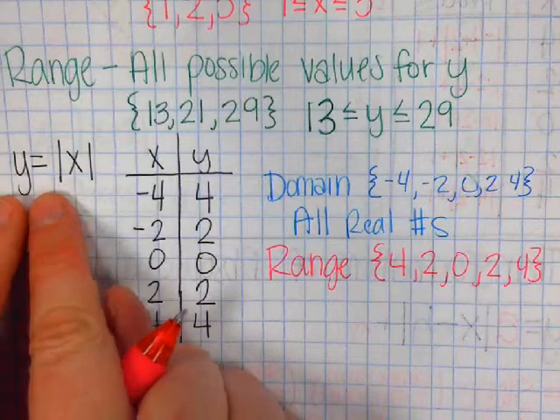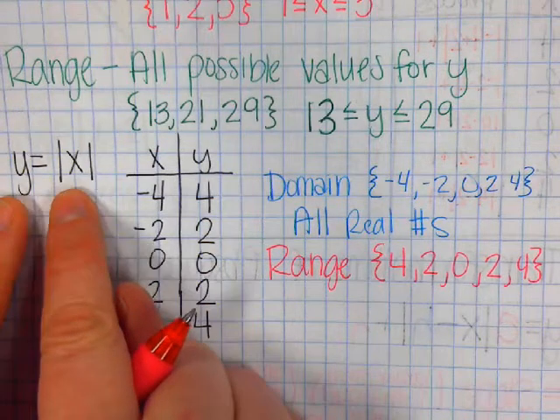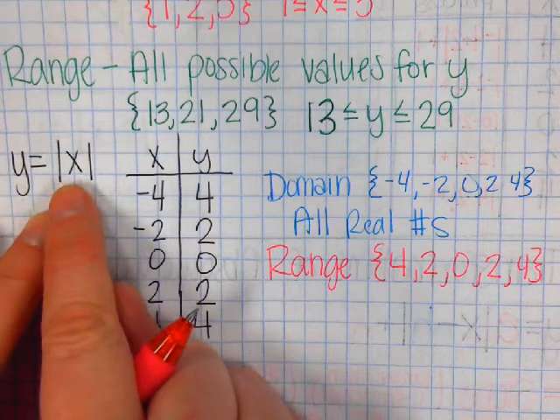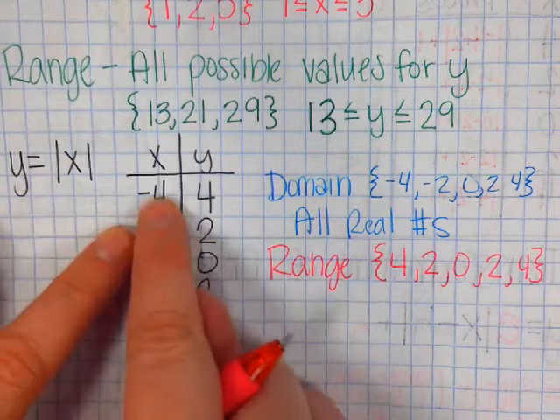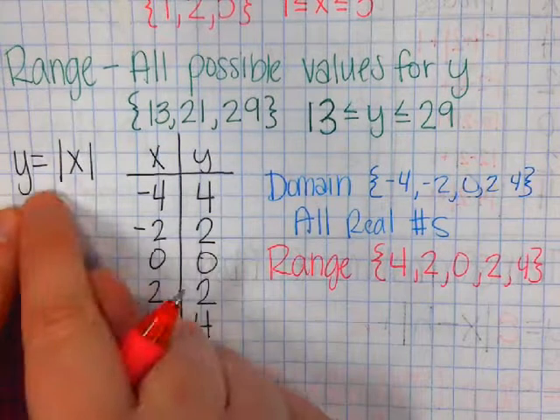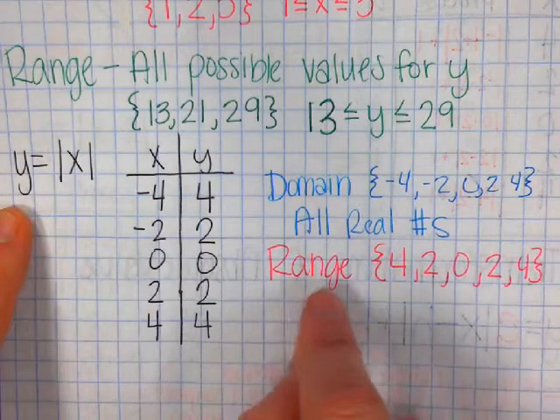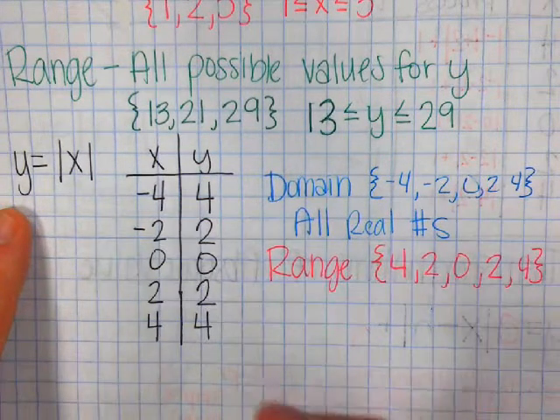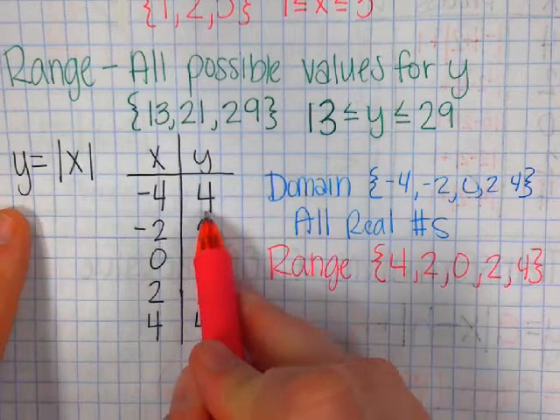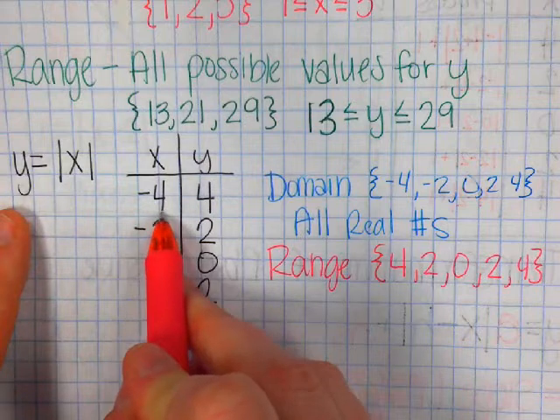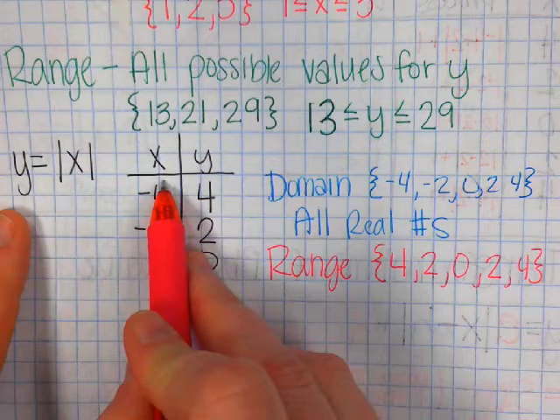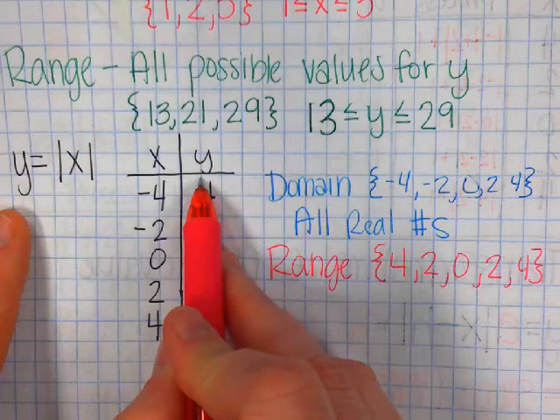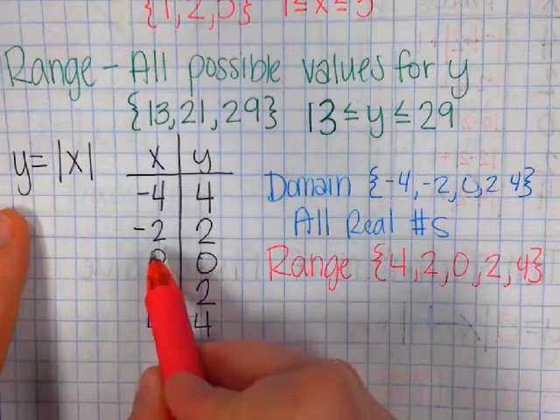So if I look at this function, it's the absolute value of x. So the absolute value of every x value gives me the y. Well, do I have any y values that are negative? No. Could I have a 4.2? So if I use -4.2 as my x, could I have a 4.2 as my y?